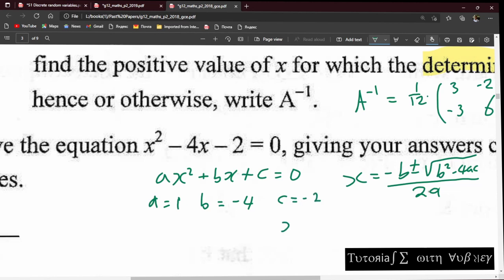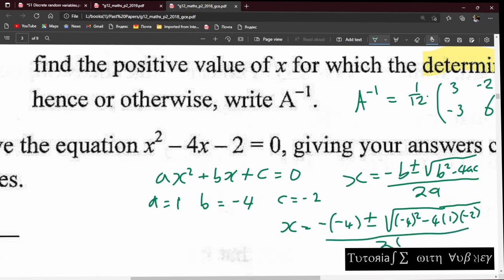So from here we plug into the formula. Remember, it is negative times the B term. B is -4, plus or minus root of B squared. This is -4 squared, minus 4 times A, where A is 1 and C is -2, divided by 2 times 1. Okay, so from here we see 16.